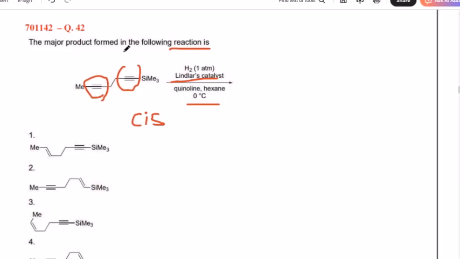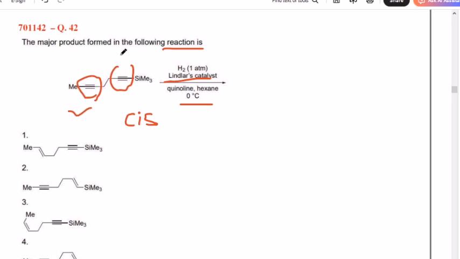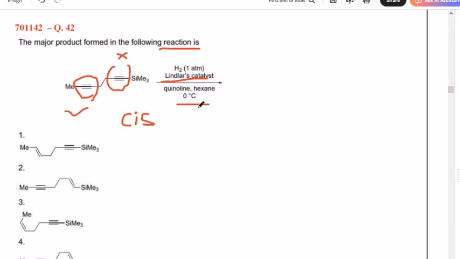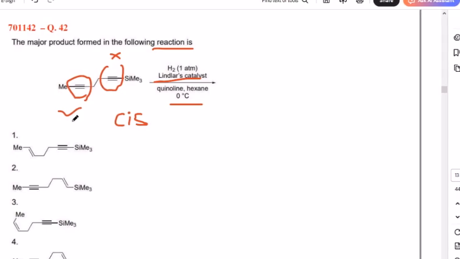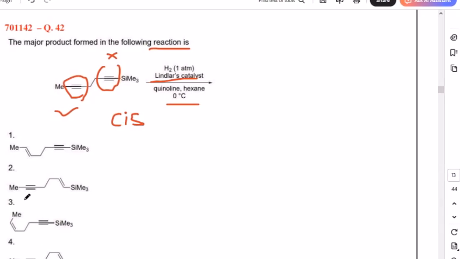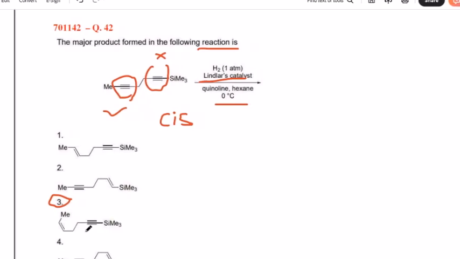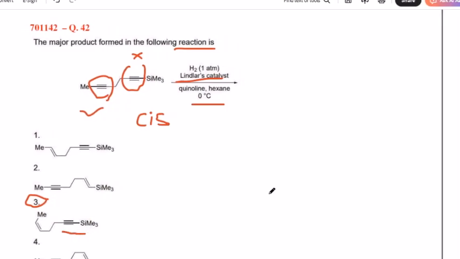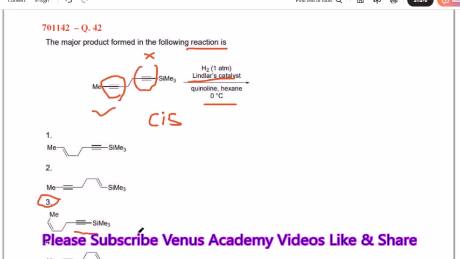So the major product is going to be option number 3: the cis alkene, whereas this trimethylsilyl alkyne is not going to be disturbed, since it is not reduced at 0 degrees centigrade and 1 atmospheric pressure. Option number 3 is the correct option, friends.